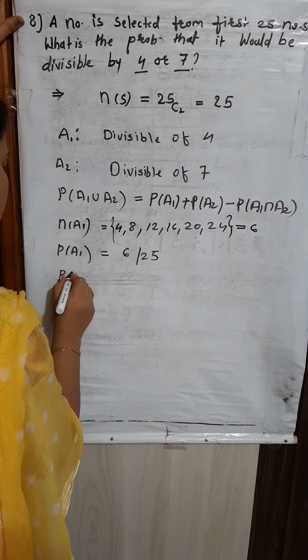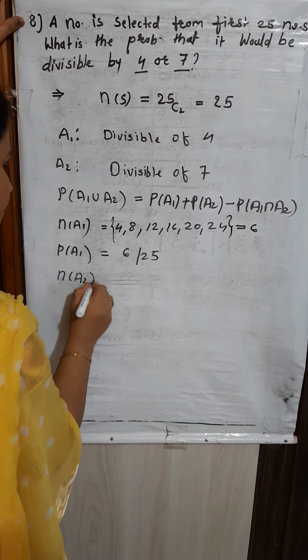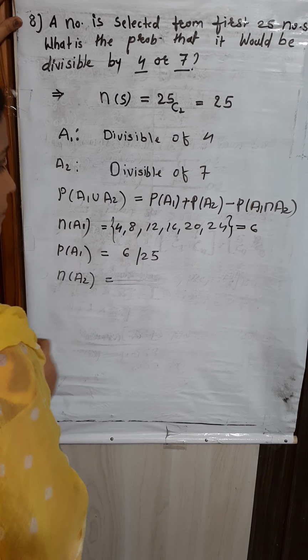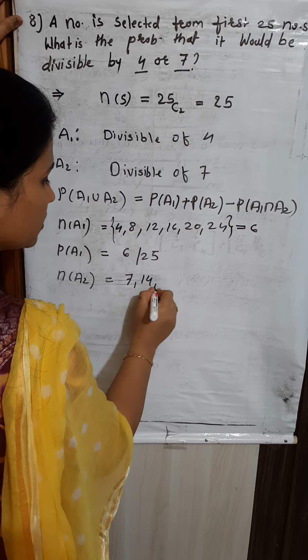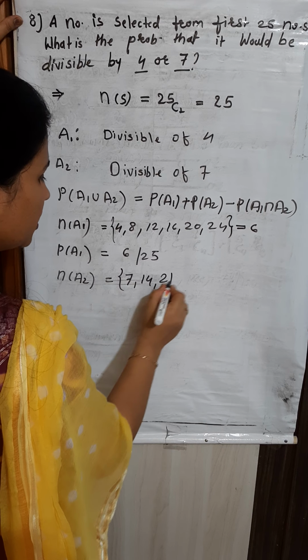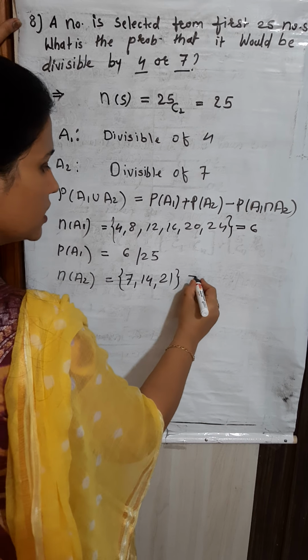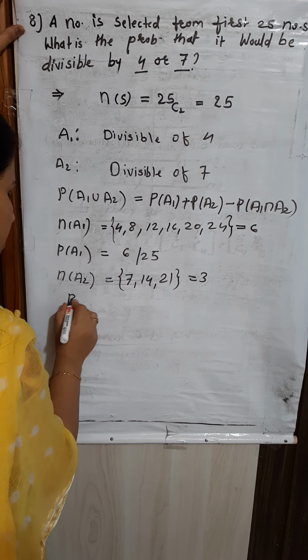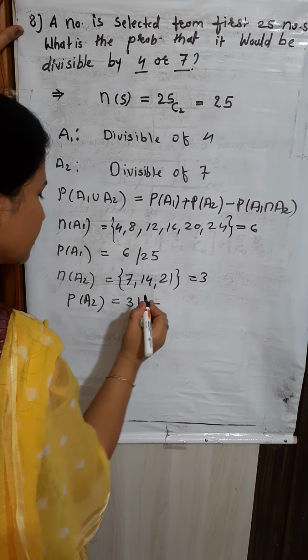Now n of A2, where A2 is 7. So we write divisible by 7: 7, 14, 21. These are 3 numbers divisible by 7 in the first 25 numbers. So the probability of A2 is 3 by 25.